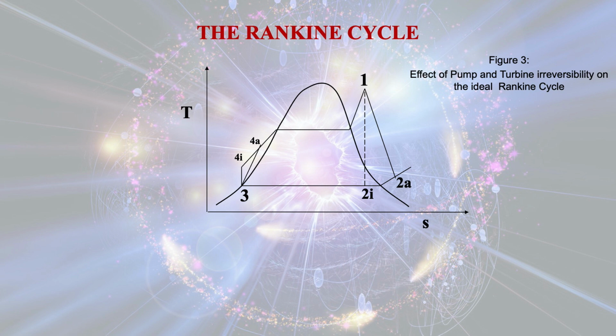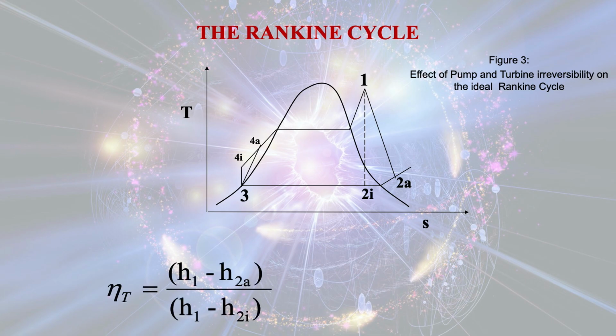So the component efficiency of the turbine is the work output in actual practice divided by the work output in the isentropic process. Eta T, the component efficiency of the turbine, is defined as H1 minus H2A, whole divided by H1 minus H2I.